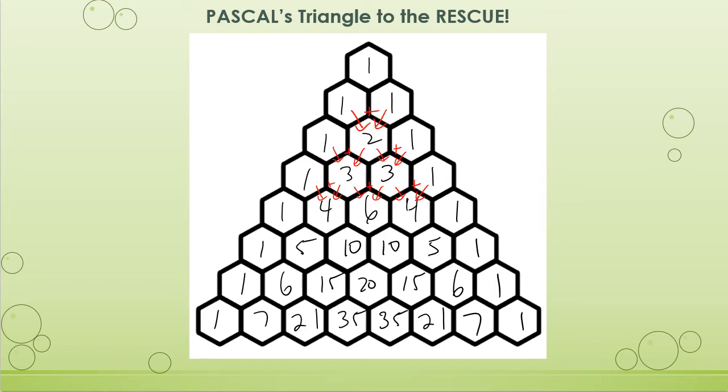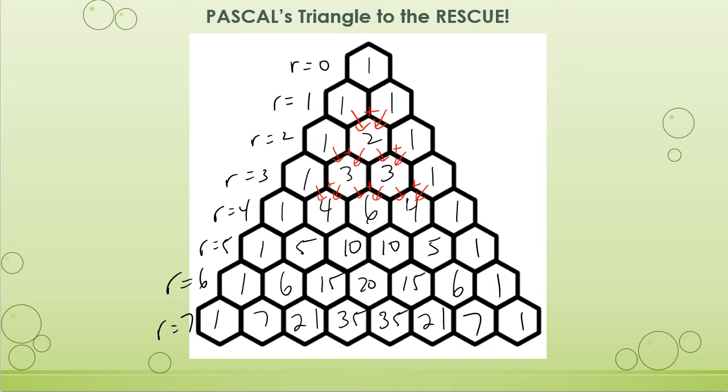Now, if you're wondering, how does this relate to expansion, and specifically binomial expansion? Each one of these rows, we can give them a row number. So we're going to say this is row 0, row 1, 2, 3, 4, 5, 6, and 7.